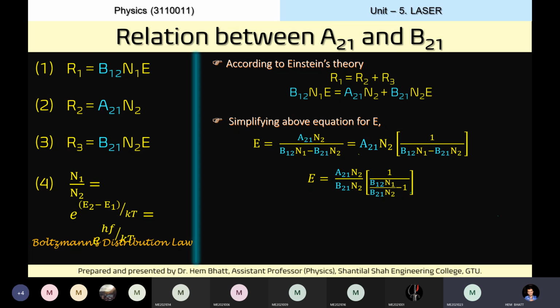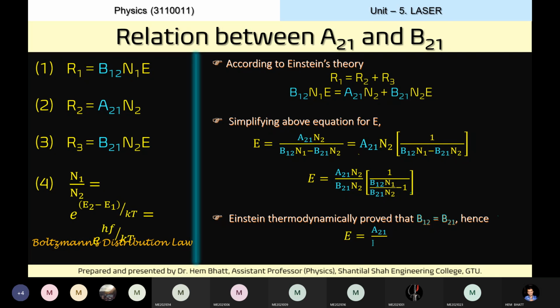No, sir. Okay. હવે જો તો B12 is equal to B21 મૂકો તો any problem in this equation?